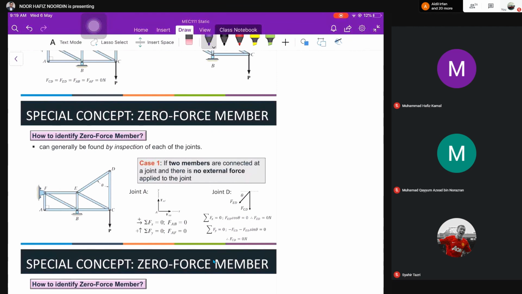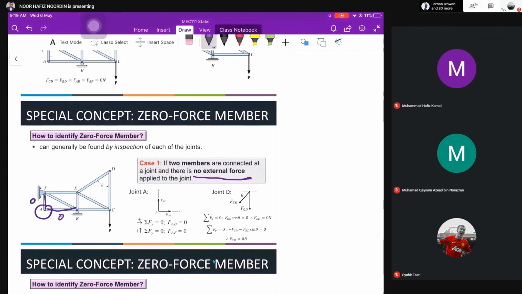Contoh kalau dalam gambar rajah ini, yang ini AF dan juga AB. Kalau you tengok point A tu, dia punya connection join dia kat A kan. And then kat point A tu, there is no external force. So bila tak ada external force, maksudnya automatically dia punya slender member AF dan AB nilai dia kosong.